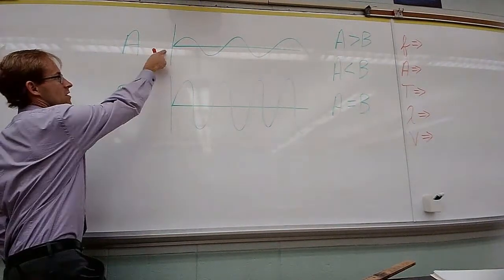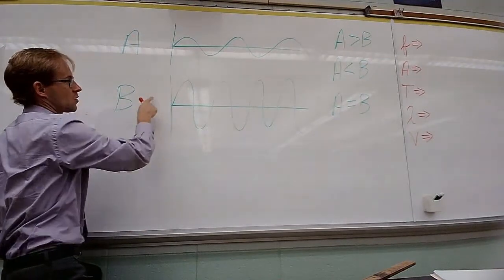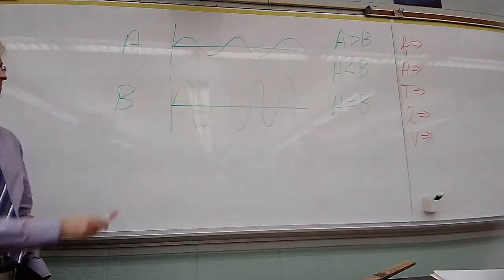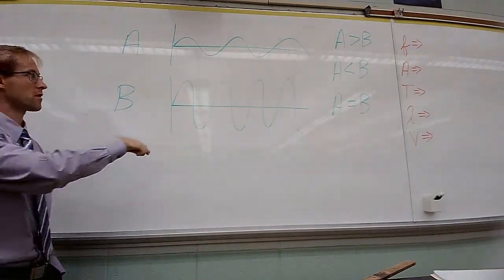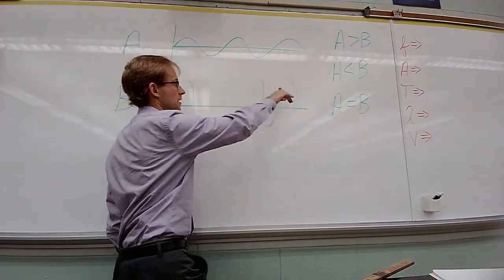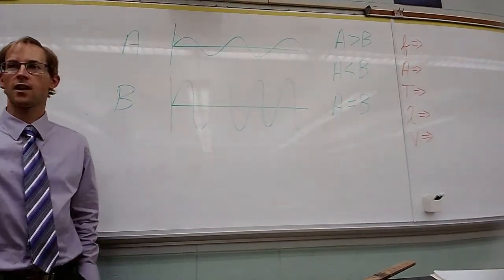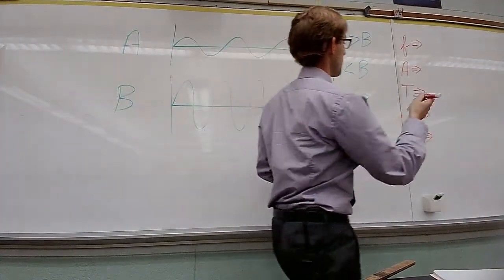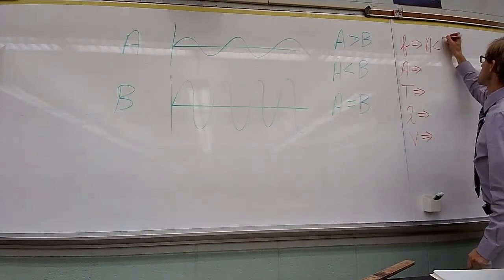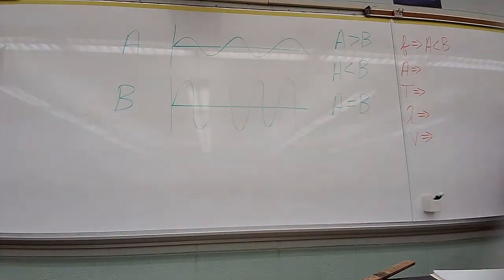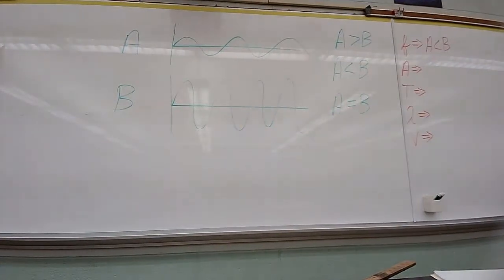So in which of these waves do we have more bumps? B. The waves are occurring more frequently in letter B. Therefore, it's got a higher frequency. So that one's going to be A is less than B, because B has a larger frequency.